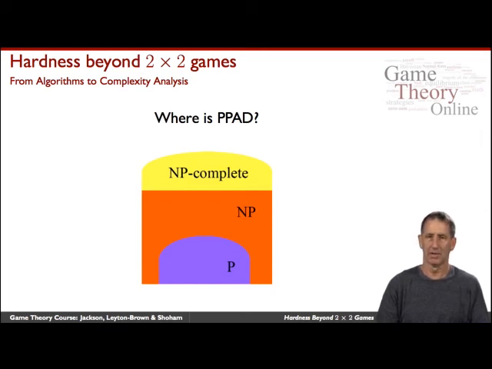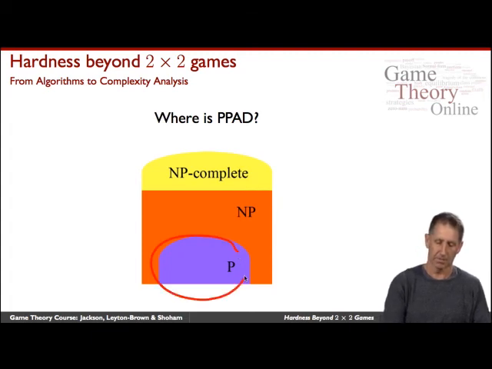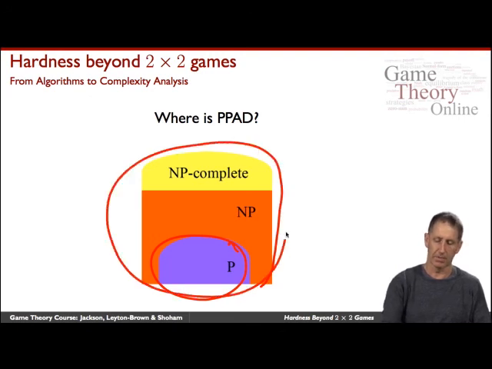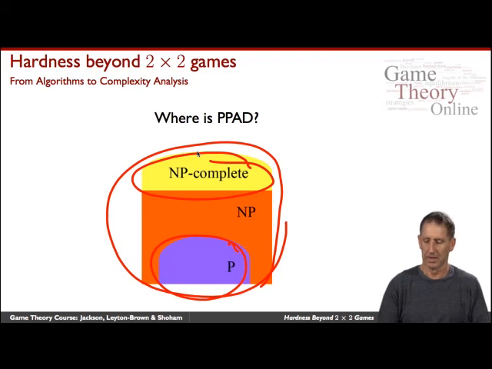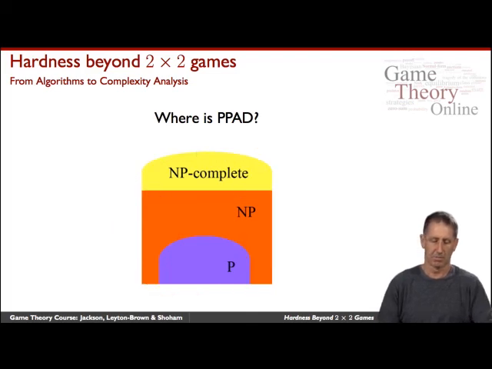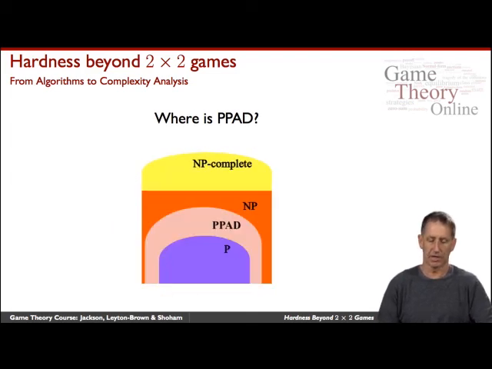And again, we have the class of polynomial time problems, of problems that can be verified in polynomial time, with these being the hardest among them. And given that, PPAD turns out to reside somewhere within this class. Now again, we don't know whether this entire hierarchy does not collapse and all become one and the same.